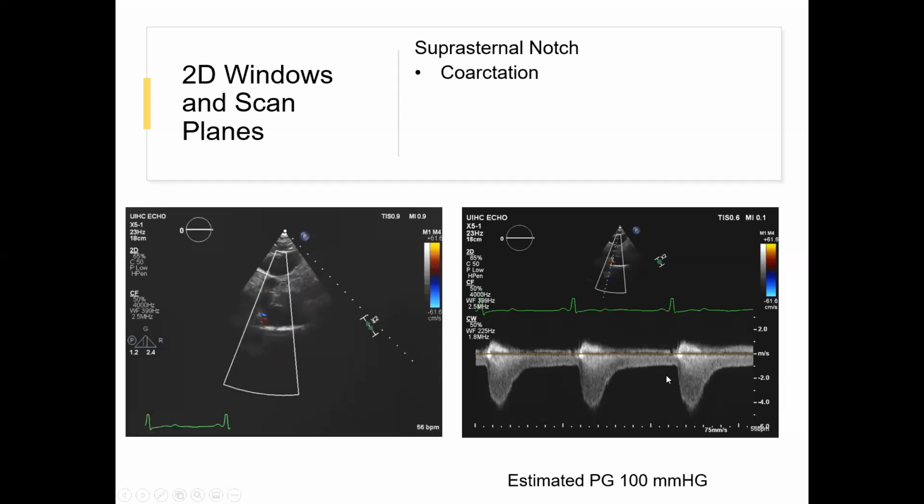You're not going to get the velocity increase from Bernoulli's equation. This one was a focal area of narrowing, so we had a nice velocity increase here. But with a long area of narrowing, you're not going to get that. So you're going to get better information by looking at the 2D and seeing how narrow it actually gets.